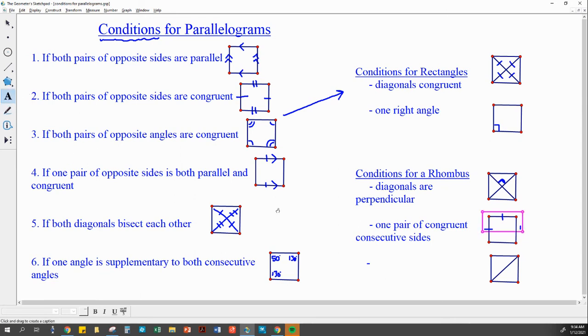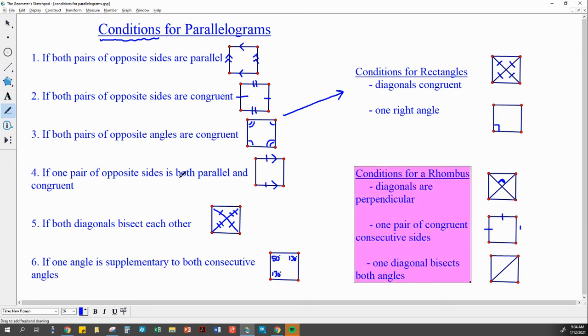And the last condition, if one diagonal bisects both angles. So I've drawn one diagonal here.